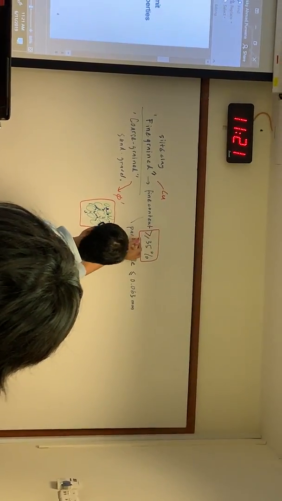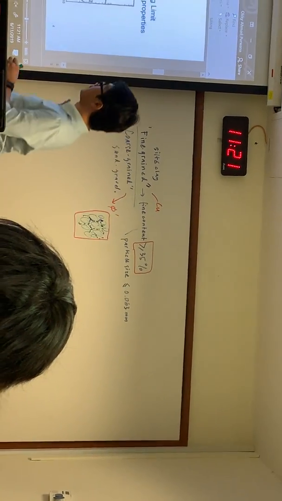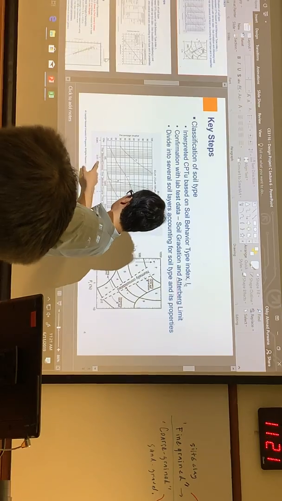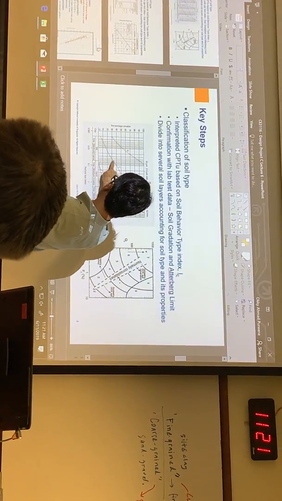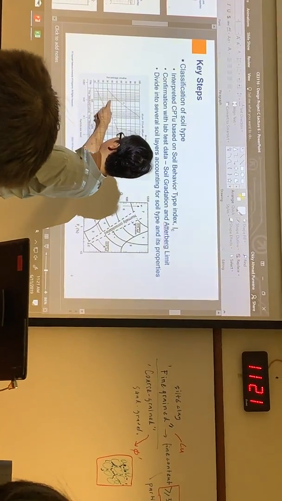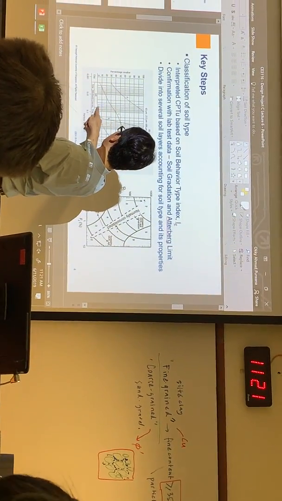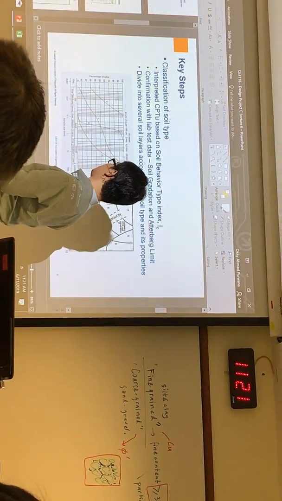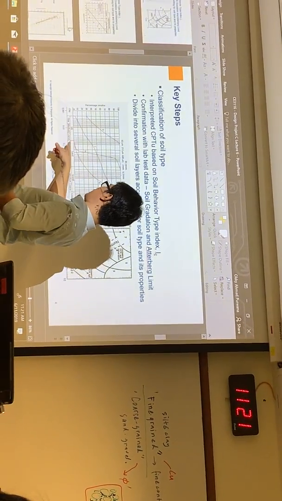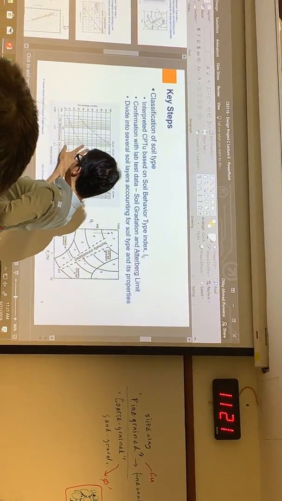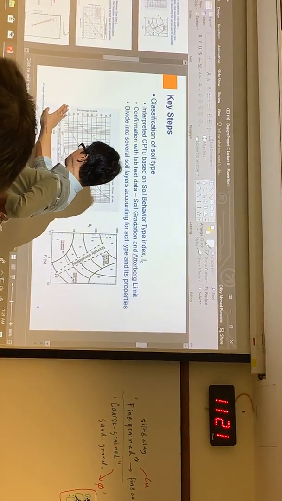The fine content. Okay, so in this case, if you look at C, this is around, let's say take it as 35%. So at least we know that this is... Oh, another thing is that with British Standard, based on the gradation itself, you don't have to distinguish silt or clay.